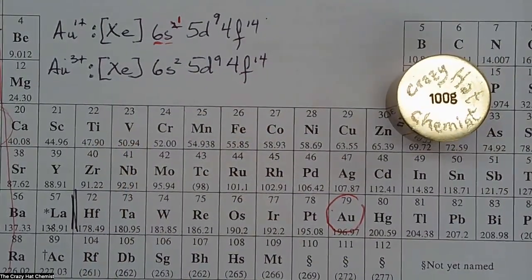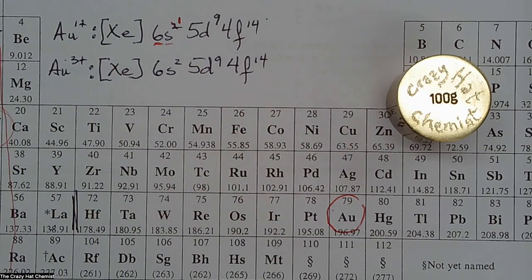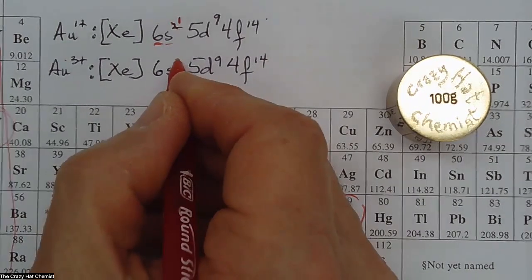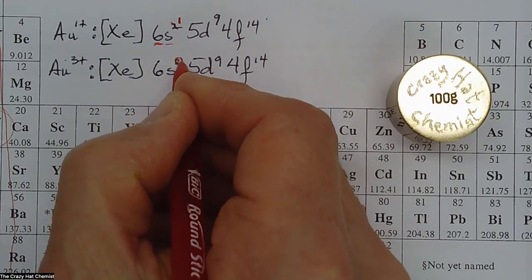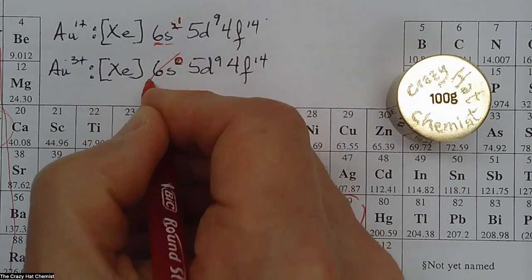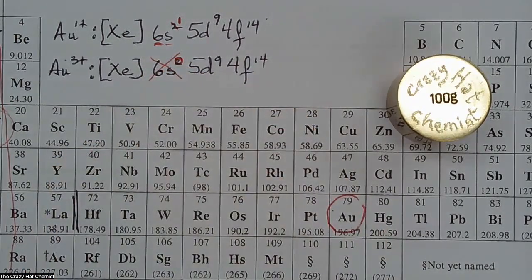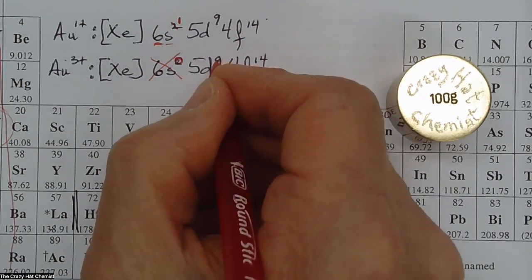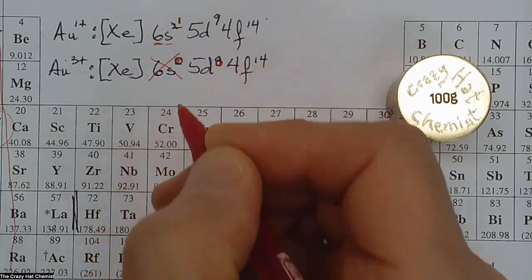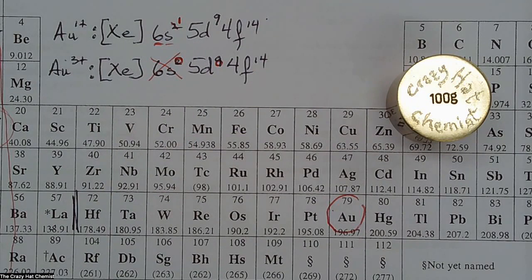If we're going to have the 3+ oxidation state for gold, we're going to remove these two, and so this is going to be a 0. This is going to be empty here, so you don't have to write that, or you place it as a 0. And then we're going to remove 1 electron here. Now, what I am writing are the predicted electron configurations. I'm not doing the actual electron configuration.